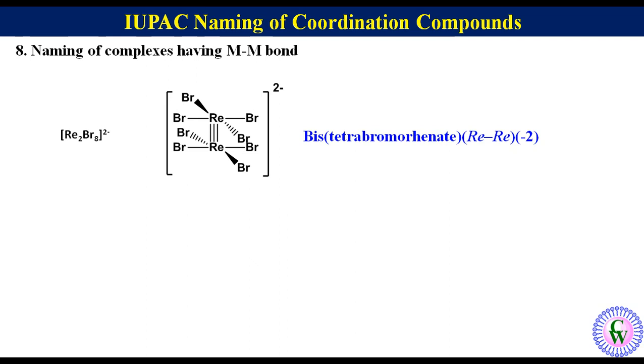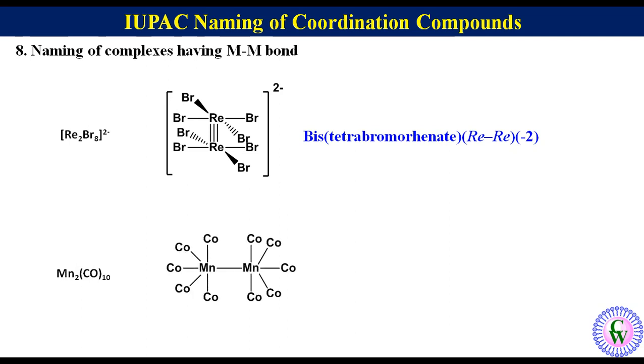Similarly, Mn2(CO)10, represented like this with a Mn–Mn bond, is named as bis(pentacarbonyl manganese)(Mn–Mn).